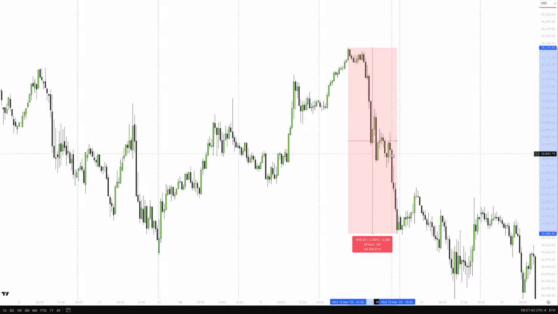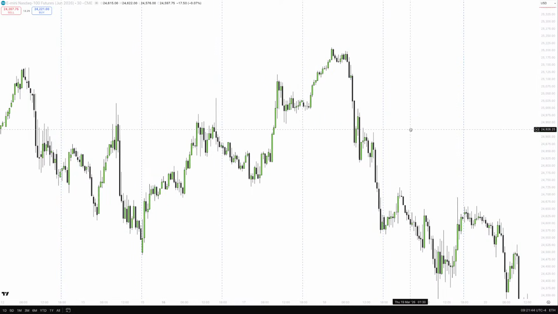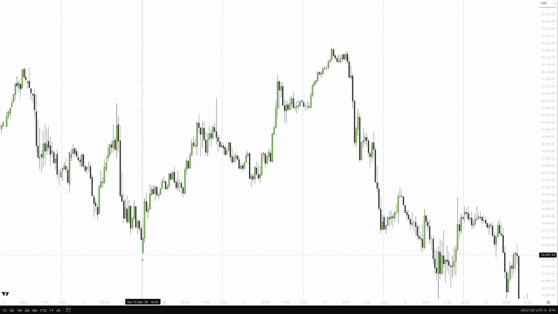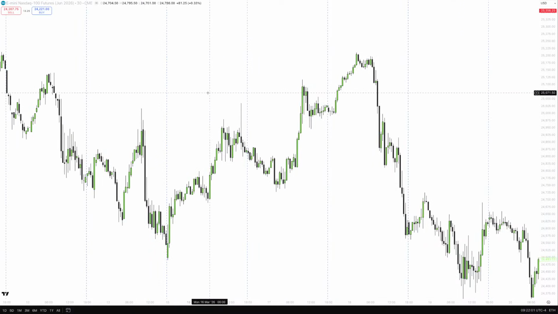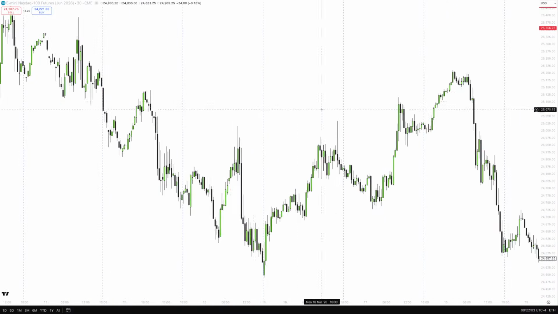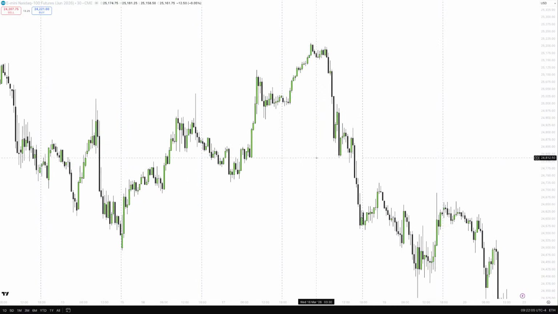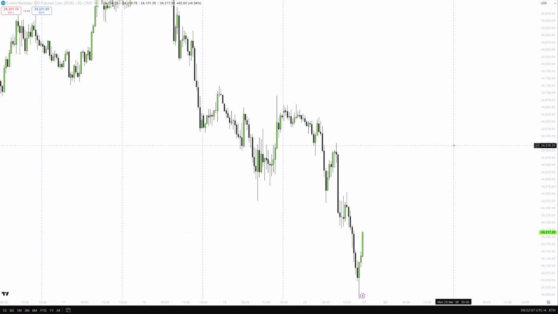And this is what we did the next day. And what is even higher probability is if the previous 2 days had a relatively small range, like we see right here. Yeah, that's not relatively small, but you see where I'm going. So always consider that.